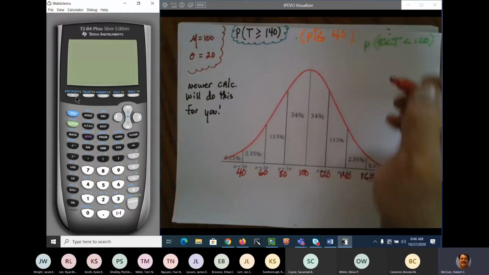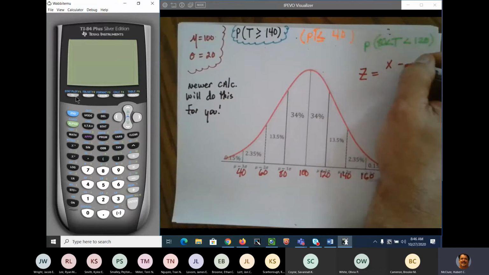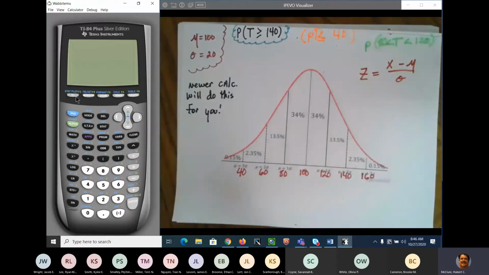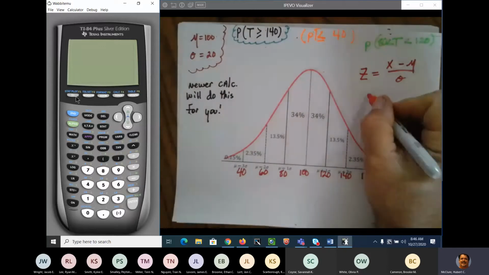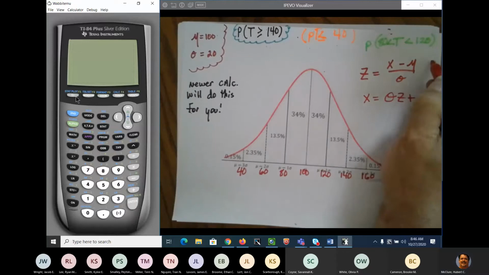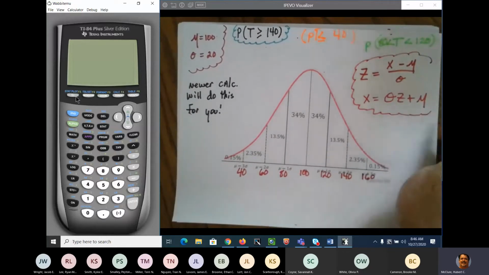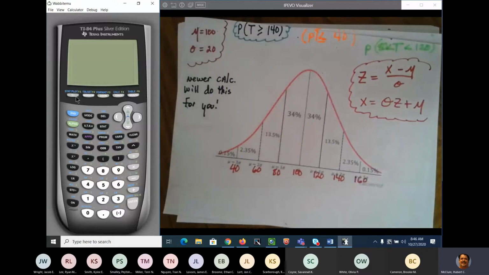The z-score, which you already know: z is equal to x minus mu over standard deviation. And x is equal to z sigma plus mu. Usually before I can finish talking, people wonder if they have a new calculator. Just hold on and I'll show you.